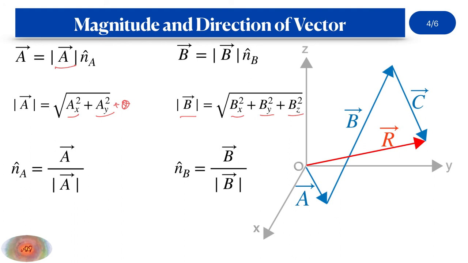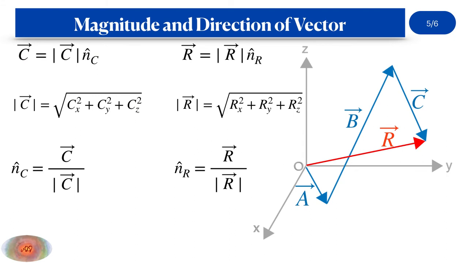On the other hand, the unit vector associated with every vector can be found by dividing the original vector by its magnitude, because from the original definition you can see that a vector is nothing but the product of its magnitude and its unit vector. Therefore, from this equation the unit vector associated with that particular vector can be found by simply dividing the original vector by its magnitude.